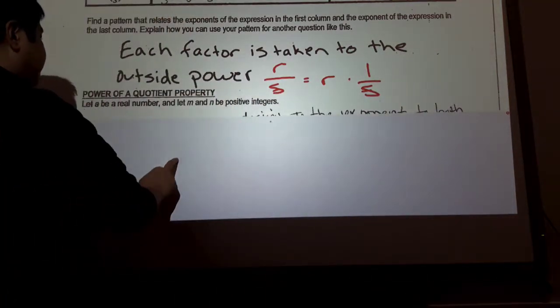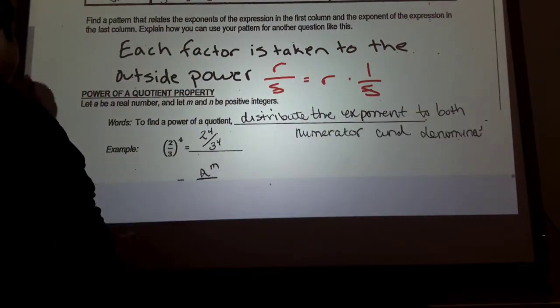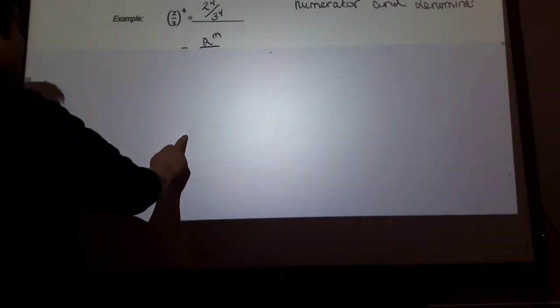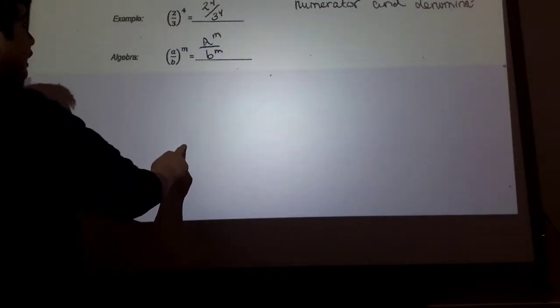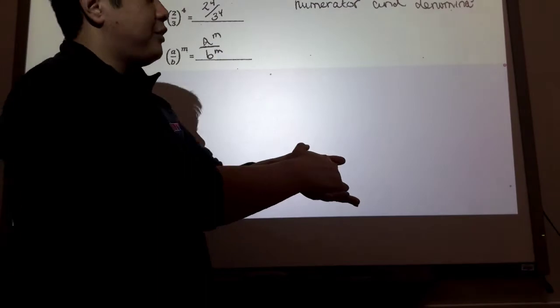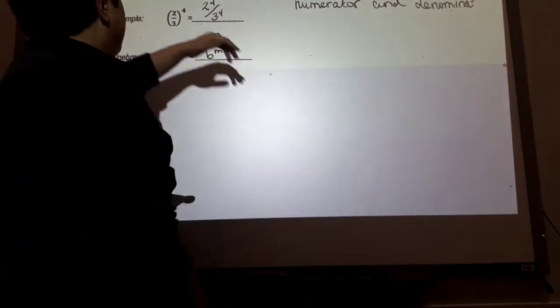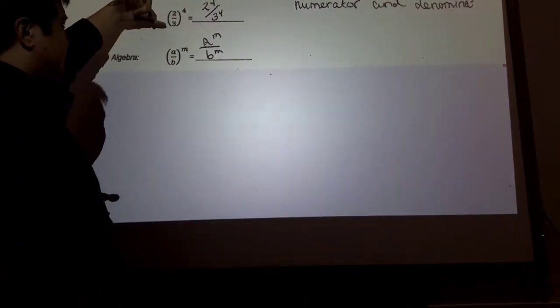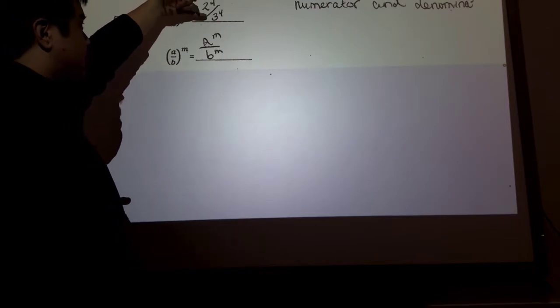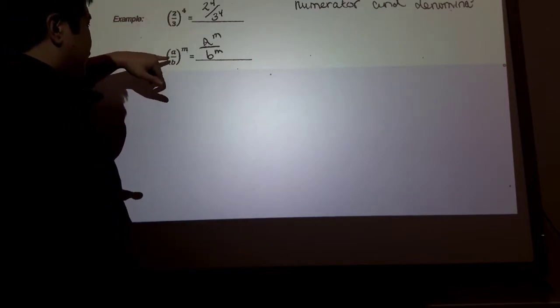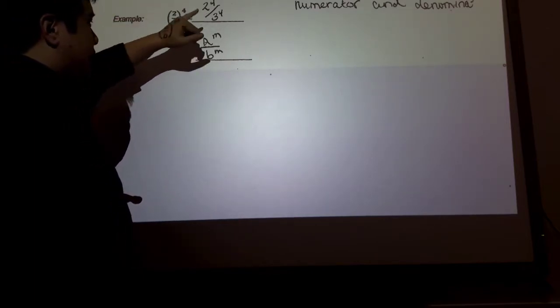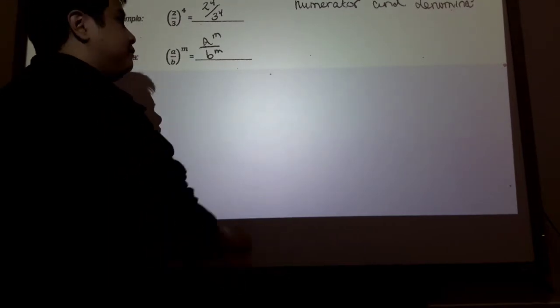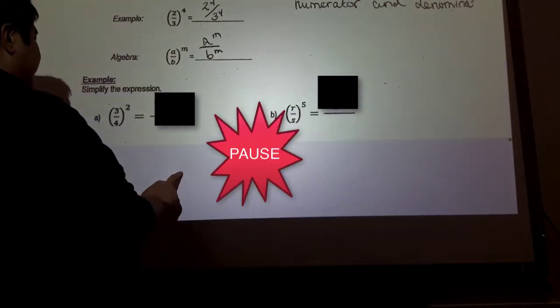So right here, you distribute the exponent to both the numerator and the denominator. Here 2/3 to the fourth is 2 to the fourth over 3 to the fourth. A over b to the m is a to the m over b to the m.